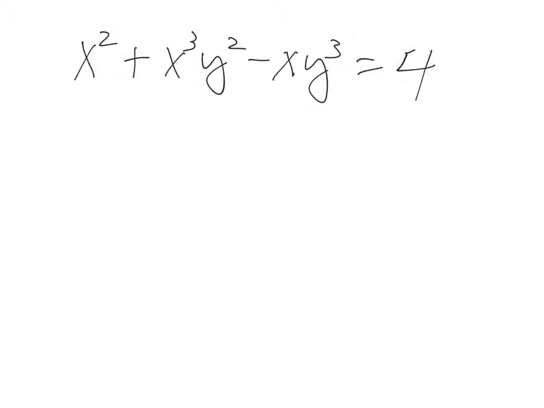Several things to keep track of here. Finding dy by dx, our first term will just be 2x. But now the next term, once again, we'll have a product rule. So we'll have the first times the derivative of the second, which would be 2y dy dx.